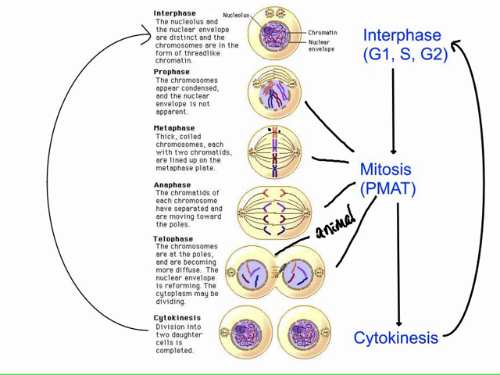And then in telophase, the nuclear envelope reappears for both of the two new daughter cells. And in animal cells, you'll see a cleavage furrow. And then finally, in cytokinesis, the cytoplasm separates, and those two daughter cells will go back into interphase and start the cycle again.